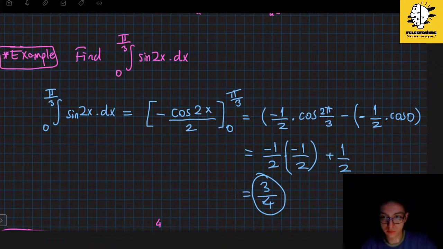Then substitute 0, and minus, in parentheses, we also have a minus. Be careful about this, guys, this is very, very important. And minus 1 over 2 times cosine 0. At the end, we find that it is 3 over 4 units area.